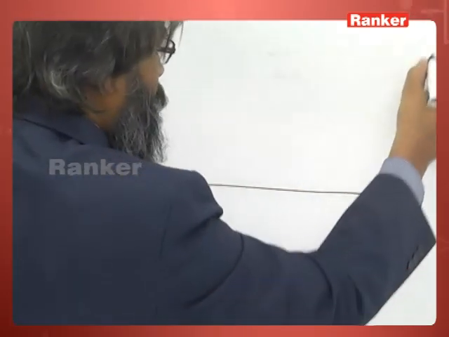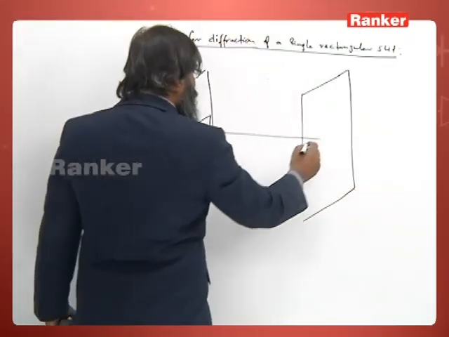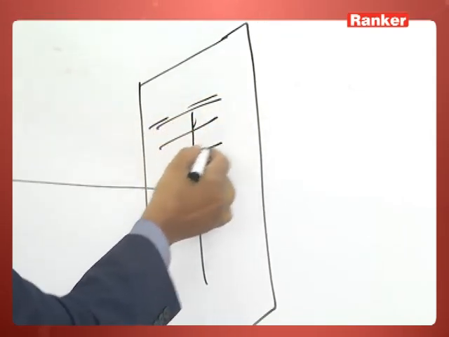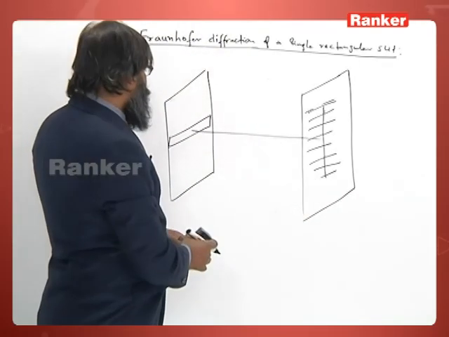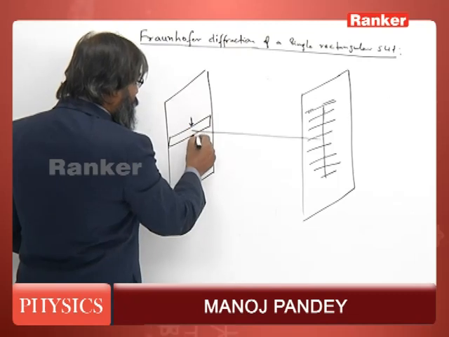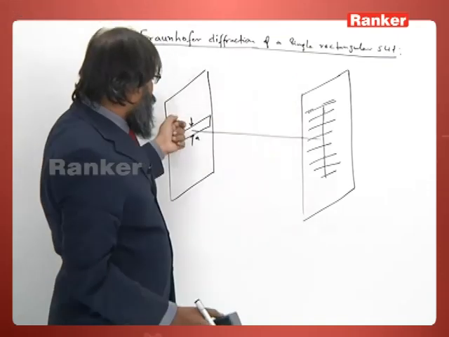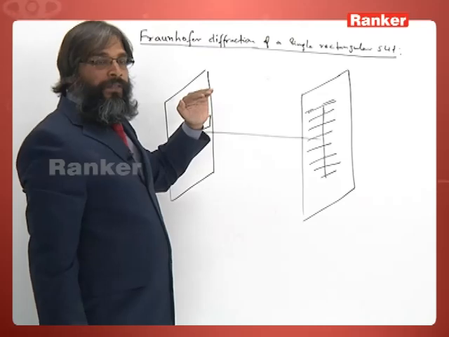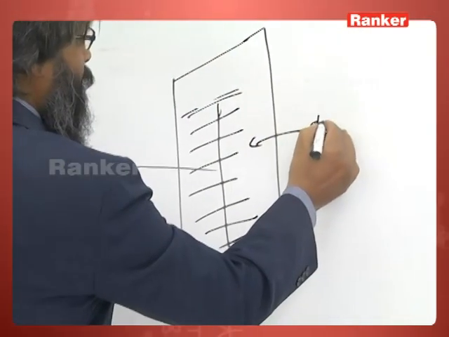When the light spreads on the screen, the spreading is here and the bands will be formed like this. This distance we will denote as A. The beam spreads along this way, not along this way. This is the diffraction pattern.